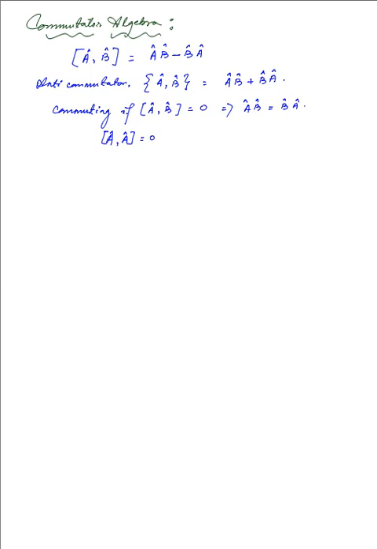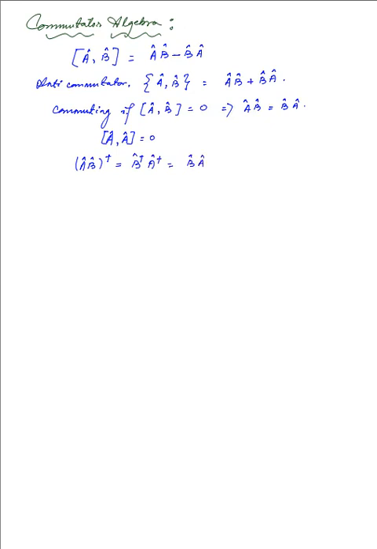Now if two operators are Hermitian and their product is also Hermitian, these operators will definitely commute, because we have AB adjoint equal to BA, and that is equal to simply BA because they are Hermitian.